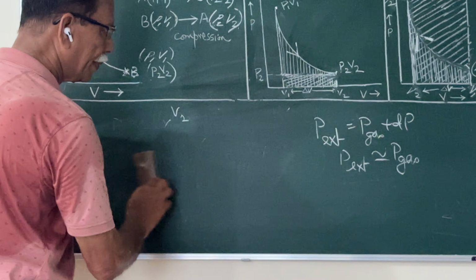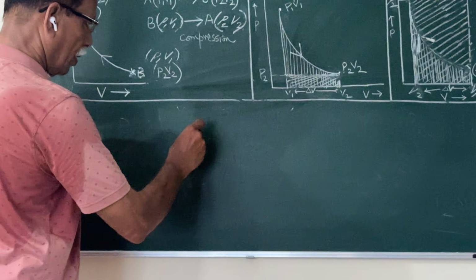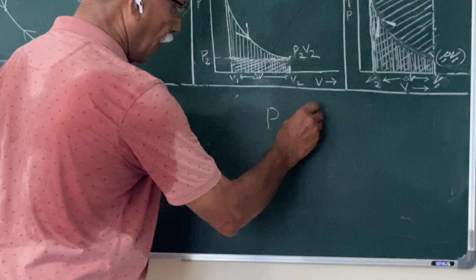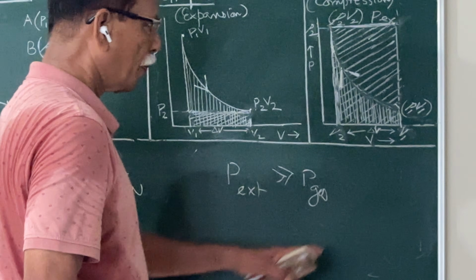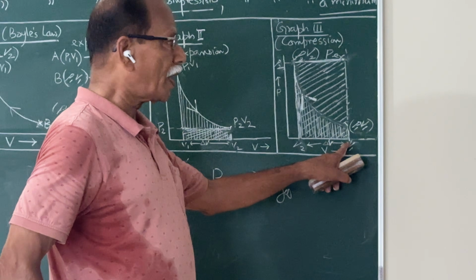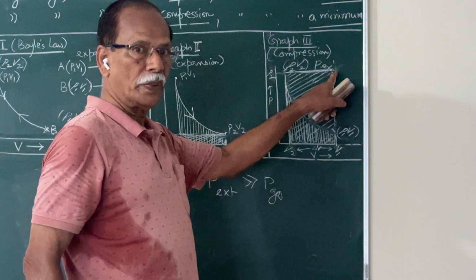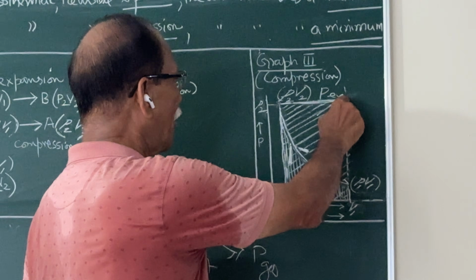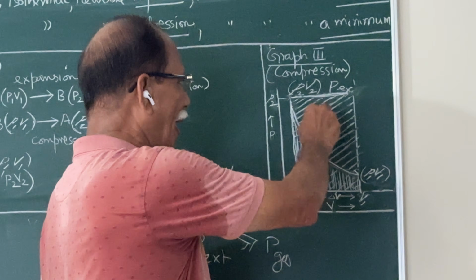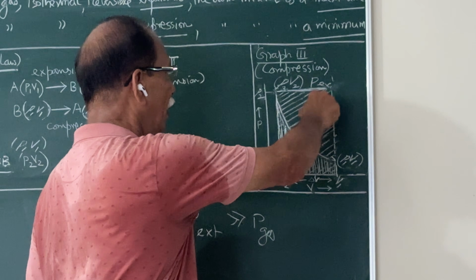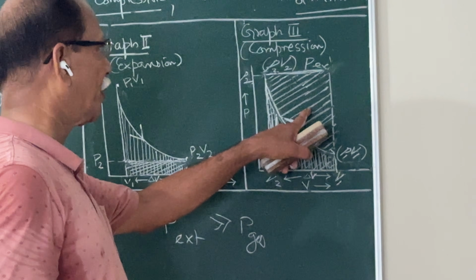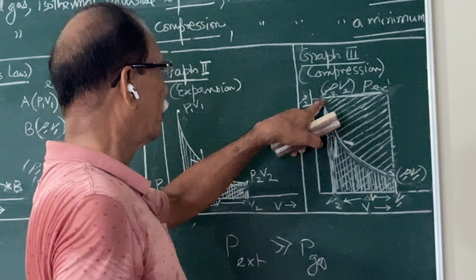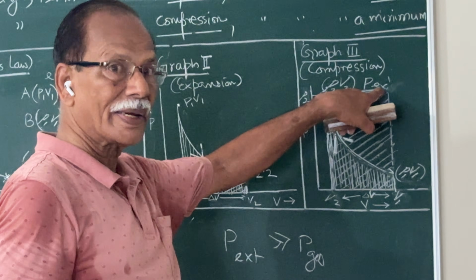For the irreversible compression work, W irreversible, the driving force, external pressure, is far greater than the pressure of the gas. When the pressure of the gas is at V1, the external pressure is as large as P2, and it remains a constant there. So all through this compression, the external pressure remains a constant at P2. A wide difference between pressure of gas and external pressure is maintained. That is a condition of irreversibility, and it continues until the pressure of the gas itself becomes P2, equal to the constant external pressure.